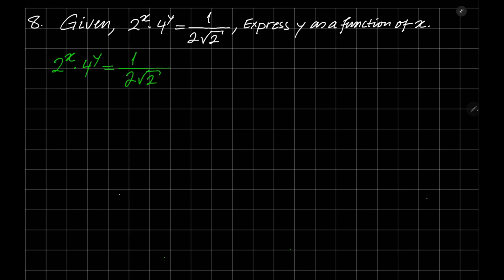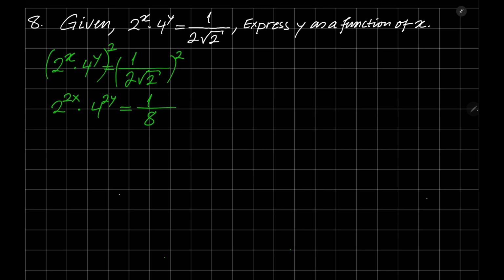Let's first take the square of both sides in order to get rid of the radical. Then 2 to the power of 2x times 4 to the power of 2y is equal to, it's 2 squared is 4, 4 times 2 is 8, 1 over 8.